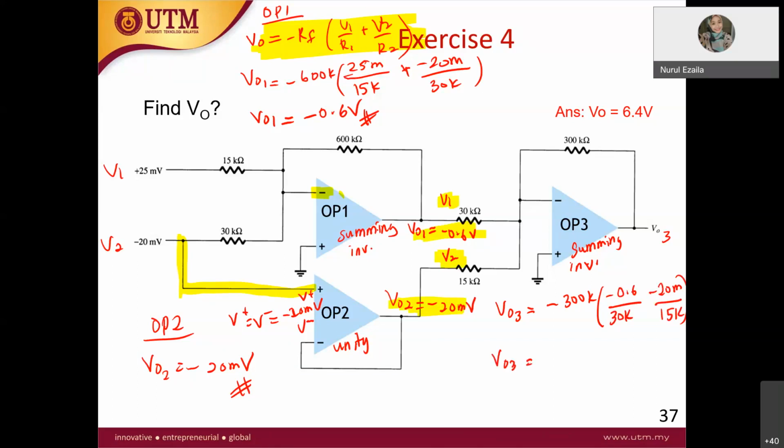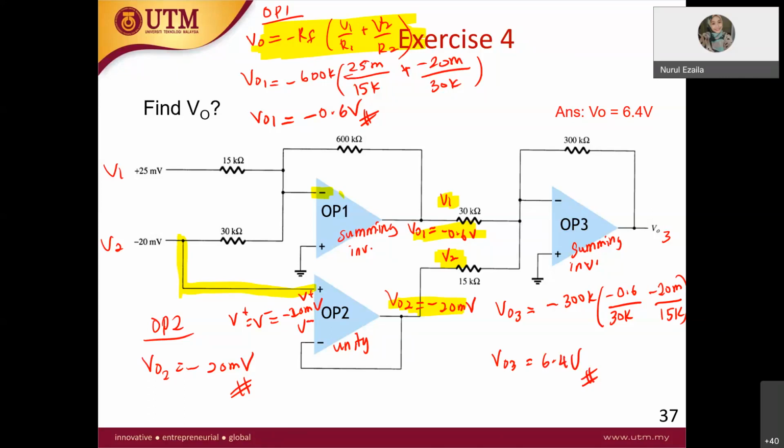Our answer? Yes, great. Alhamdulillah, the same answer. What is the answer? 6.4 volt. Is it the same? Yes, great.